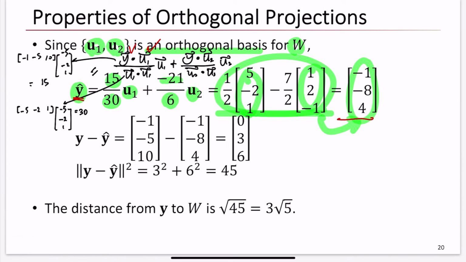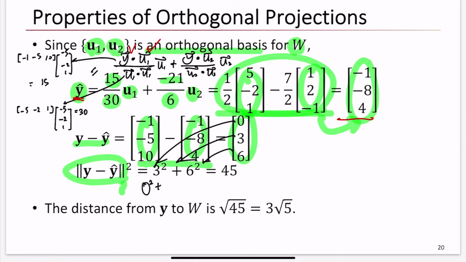Then y minus y hat. Y was here, y hat was here, and y minus y hat is going to be 0, 3, 6. Then the square of the length of this one is the square of 0 plus the square of 3 plus the square of 6, which is 45.